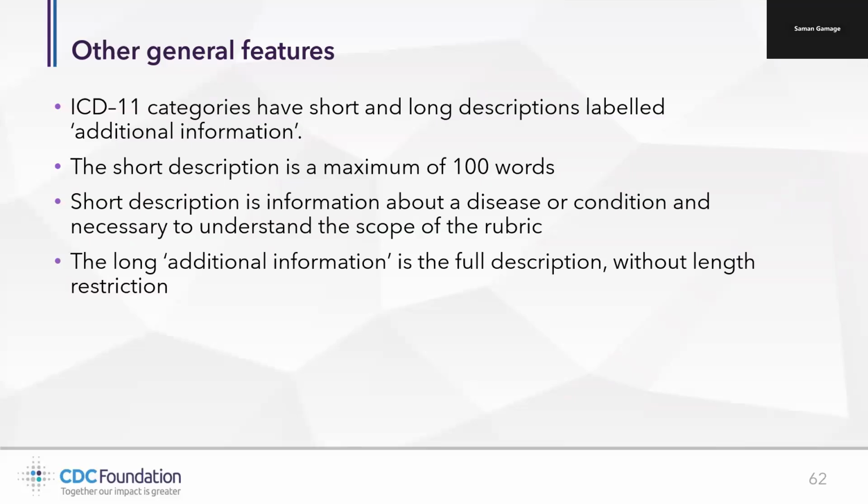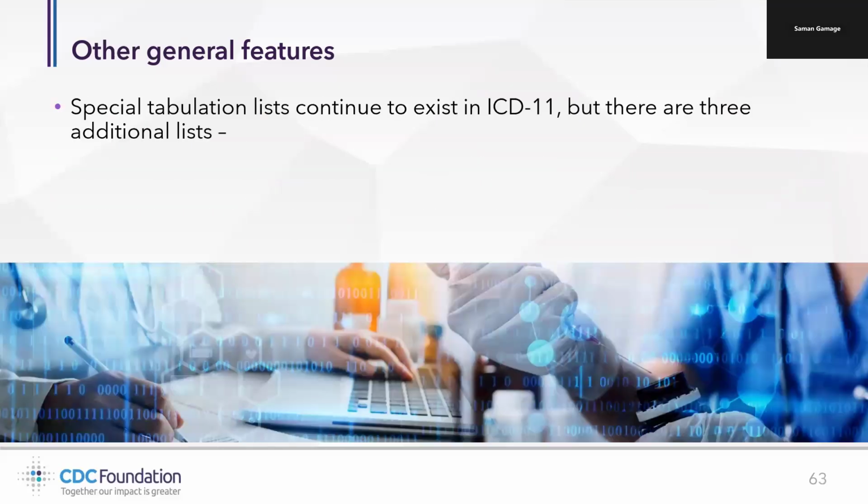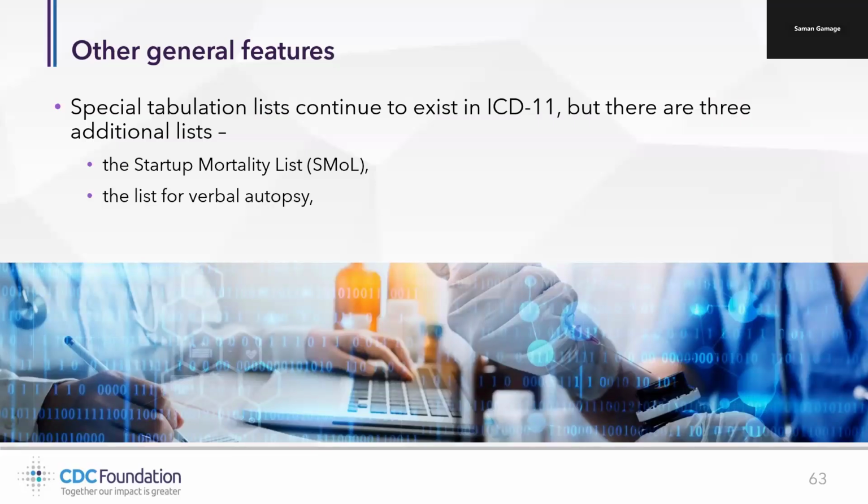The long additional information is the full description without length restriction. Special tabulation lists continue to exist in ICD-11, for tabulation purposes. But there are 3 additional lists: the start of the mortality list, the list for verbal autopsy, and the list of infectious diseases by agent.